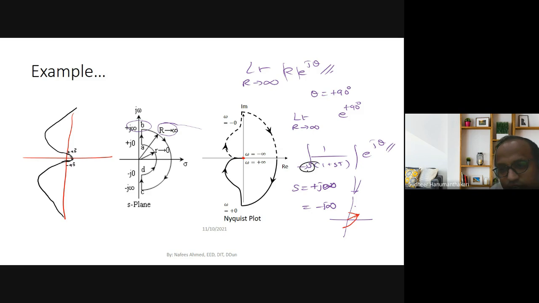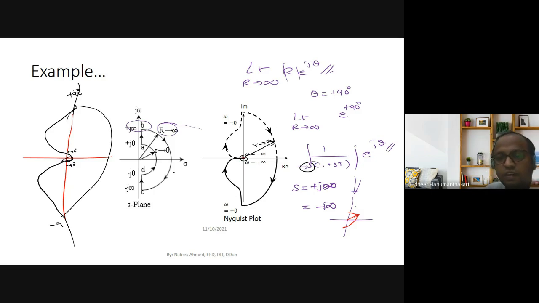When r tends to 0, this will tend to infinity, right? It will change from plus 90 degrees to minus 90 degrees. So rather than representing this small arc, we can represent it with a dot. And then this is r tends to infinity.